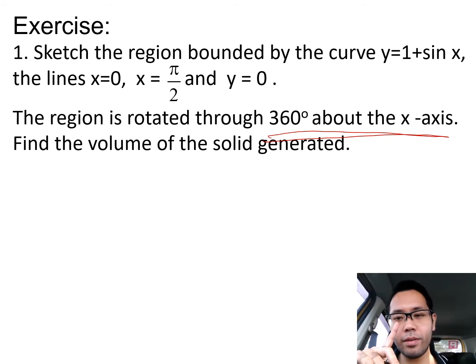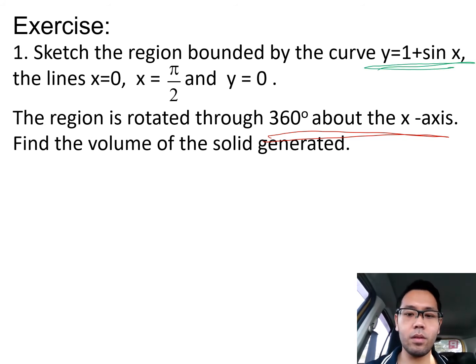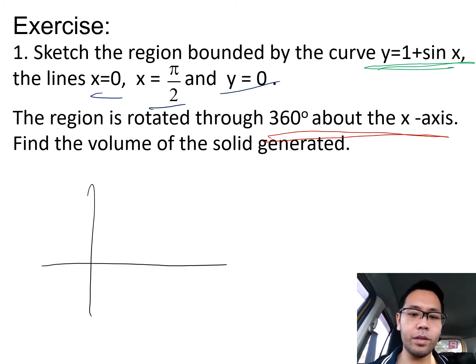There's only one curve, and we are bounded by this. So we know it's rotating around the x-axis.